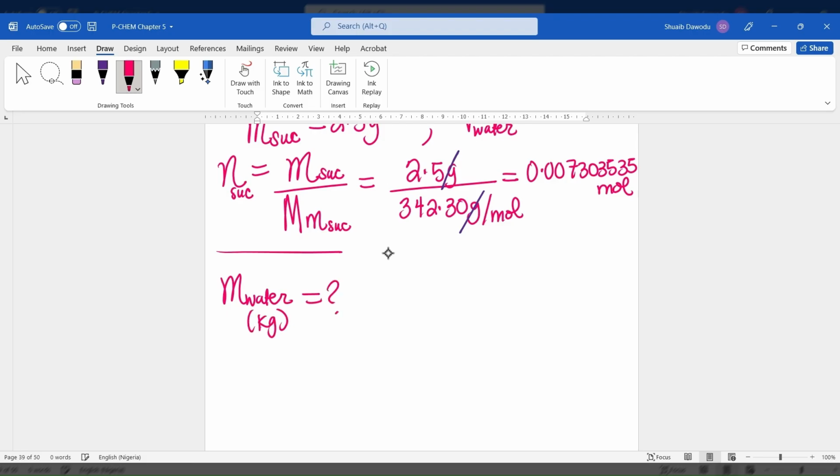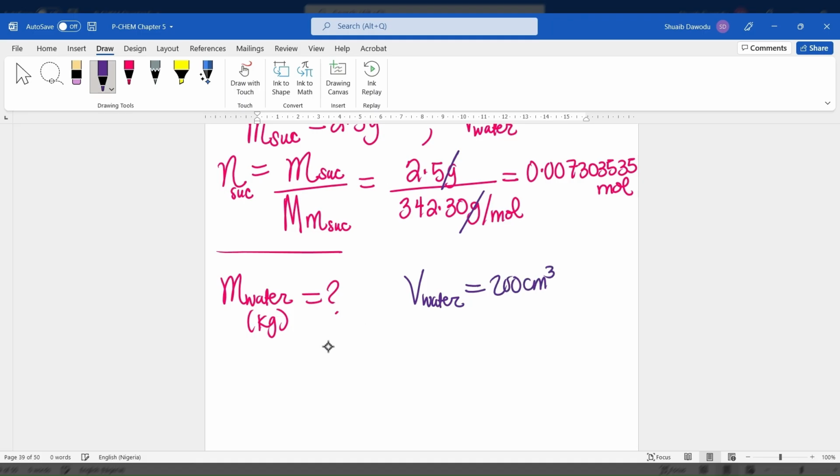Now again, we're going to go back to Gen Chem. We've gone back to Gen Chem multiple times already in this question, and you're going to keep going back to Gen Chem in physical chemistry, honestly. You're going to go back to some high school chemistry basics. So we have the mass of water in kilograms, and we're told to determine it, but all we're given is the volume of water, 200 centimeter cube.